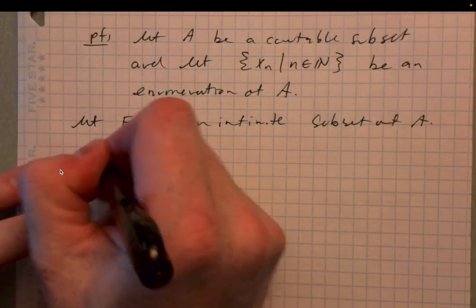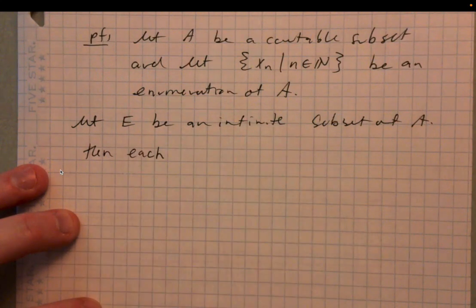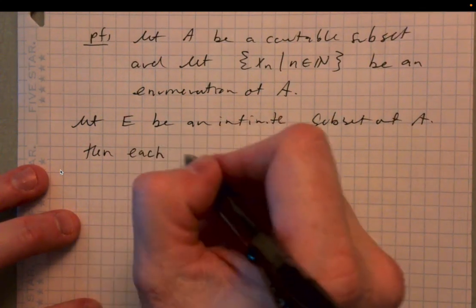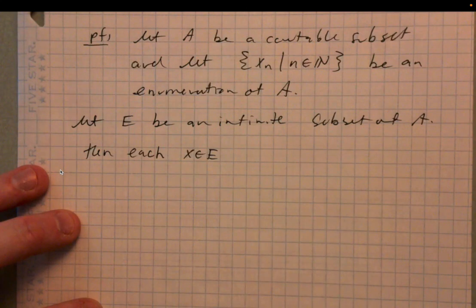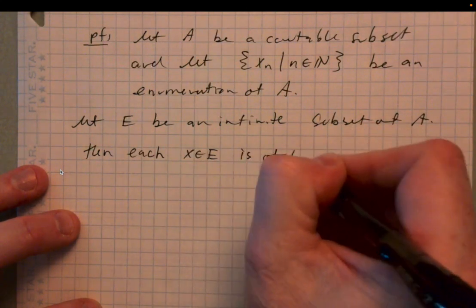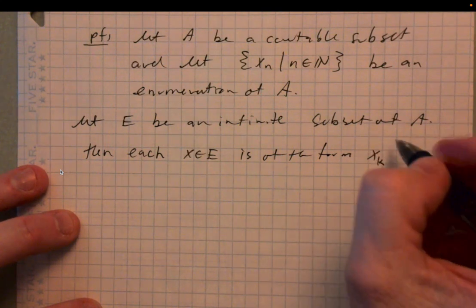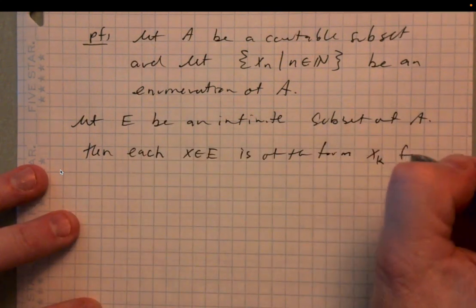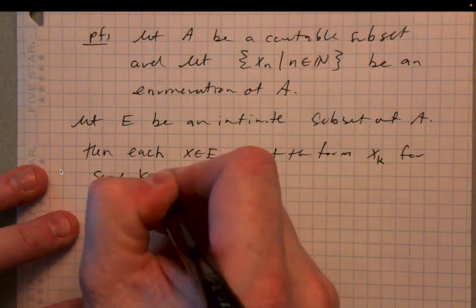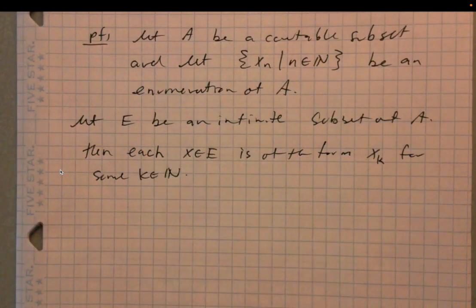Then each x in E is of the form x sub k for some k a natural number, right?